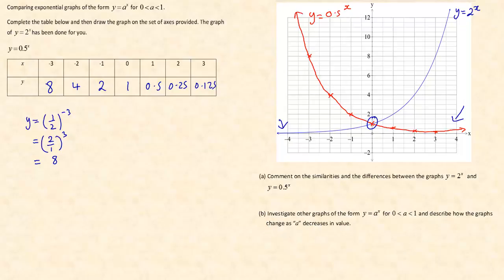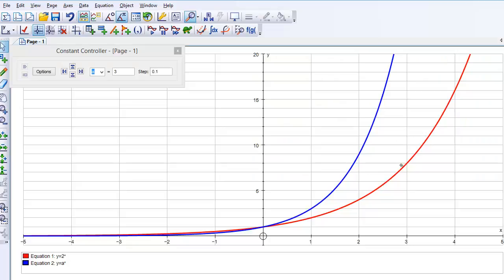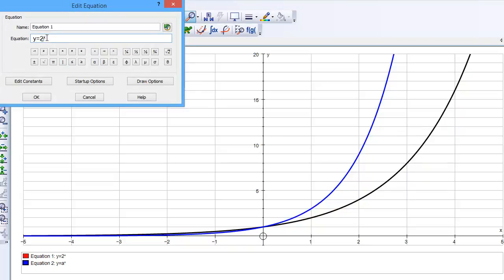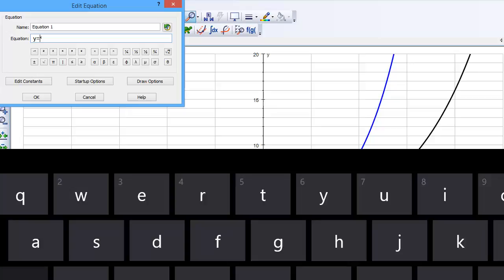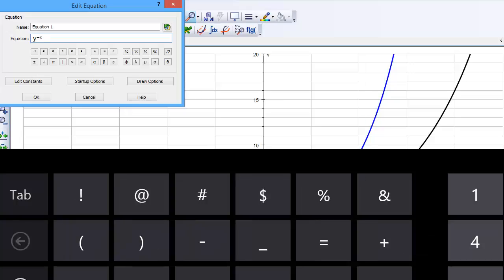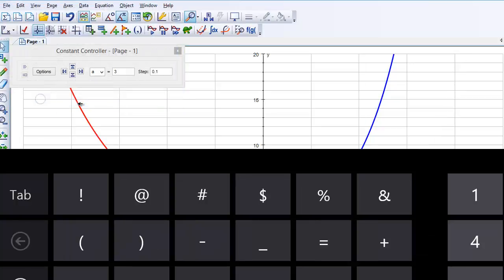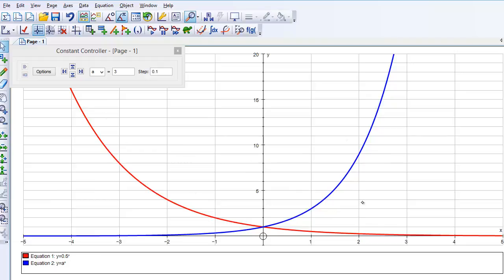We now want to investigate other graphs, and once again I'm just going to use autograph rather than my CAS. So here I had the 2 to the x. Well, let's adjust that. Let's make that one the 0.5 to the x. So that's the 0.5 to the x we just had.